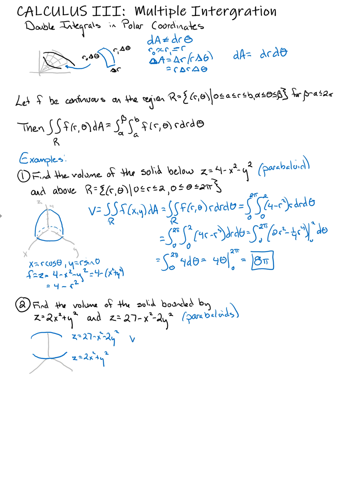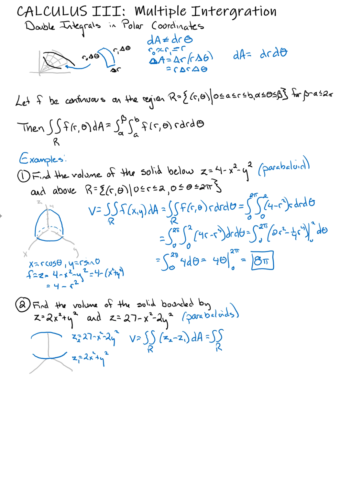That's going to be helpful when we set up our integral. So for this volume, we're going to take the double integral over our region, which we're going to have to figure out what that is, of the second function minus the first function. So that'll be like z2 minus z1. The upper one is z2, the lower one is z1. And then of course we're integrating with respect to area. So what does this look like?